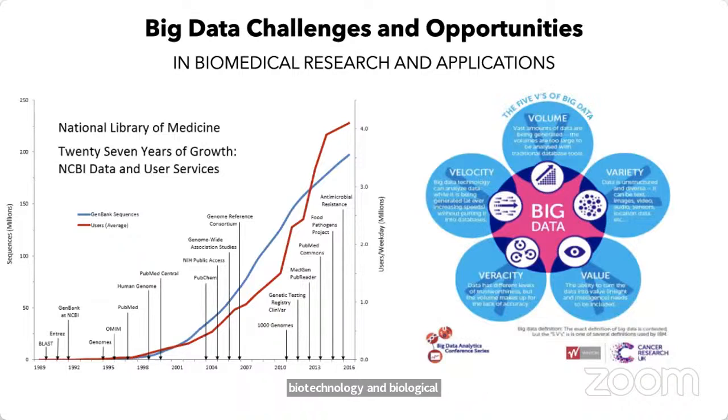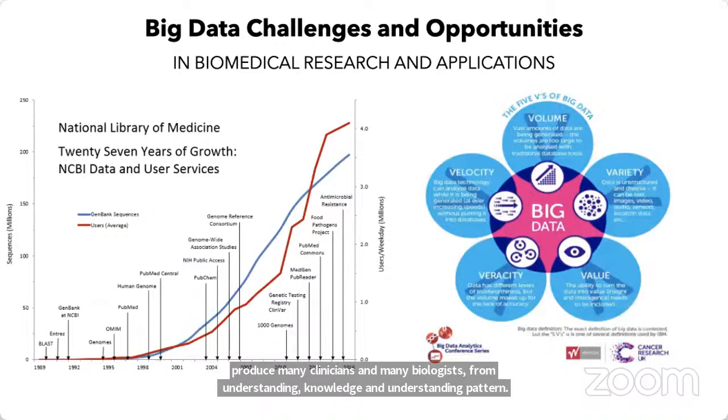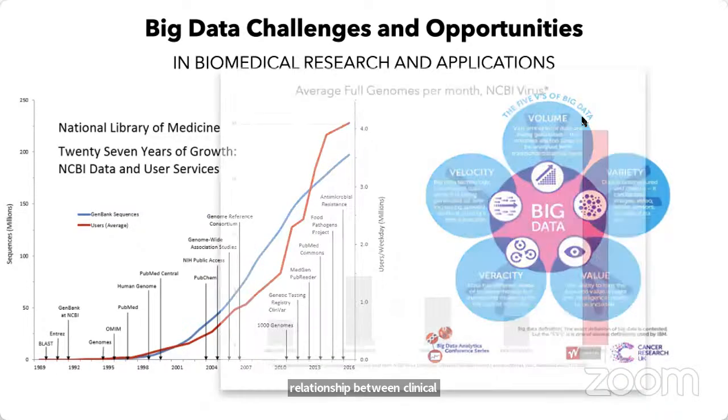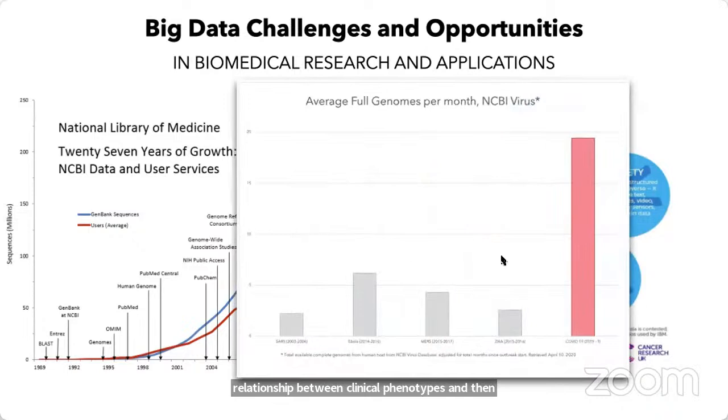This adoption has produced an exponential growth of publicly available data, and these data are commonly referred to as omics data. This trend has produced a big data problem that prevents many clinicians and biologists from understanding knowledge and patterns from this data, regarding, for example, the nature of malignant tumors and malignant processes and the relationship between clinical phenotypes and their molecular drivers.